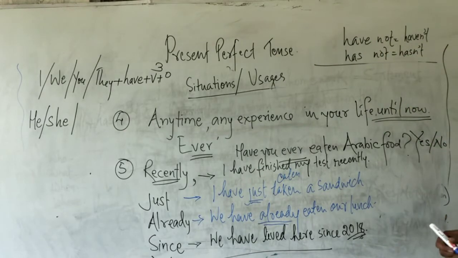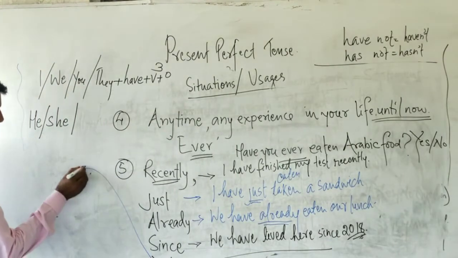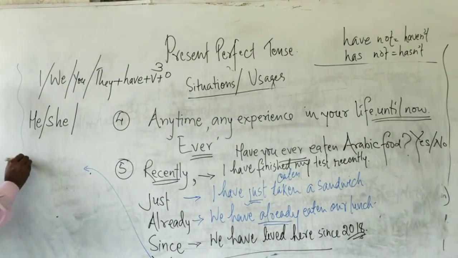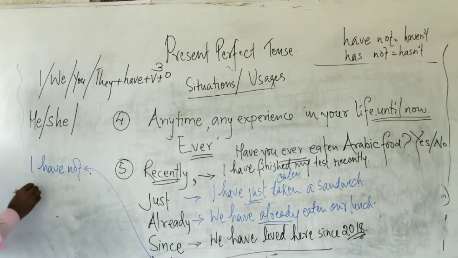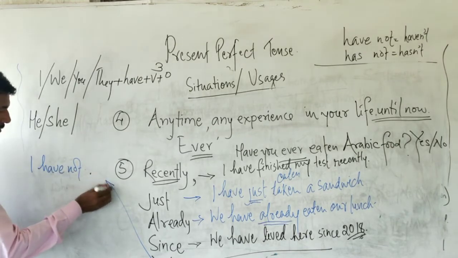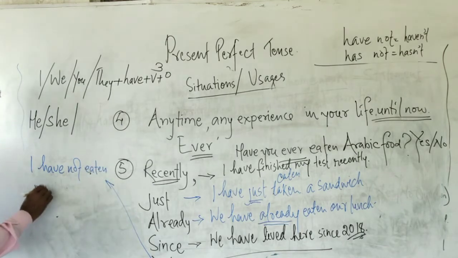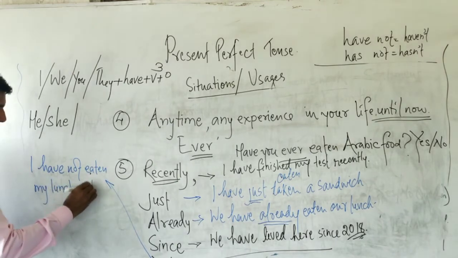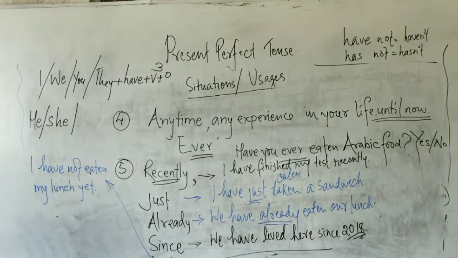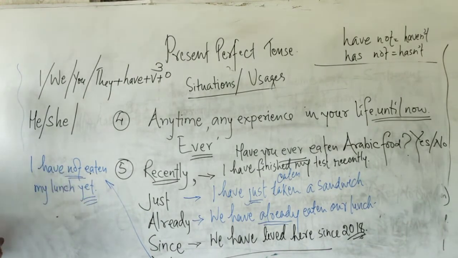One example you can see here: I have not eaten my lunch yet. So this is negative, and yet is used with negative.